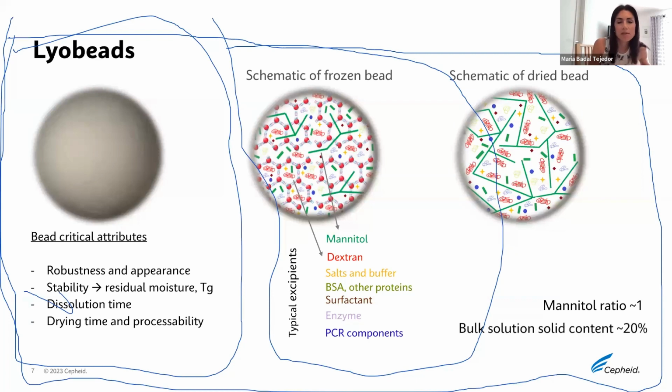And the same happens with the solid content of our bulk solution. We need to have a certain amount of solids to actually have a round bead that holds its structure. But all these parameters are going to be studied in the following study that we have performed.